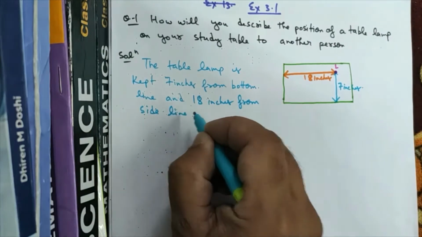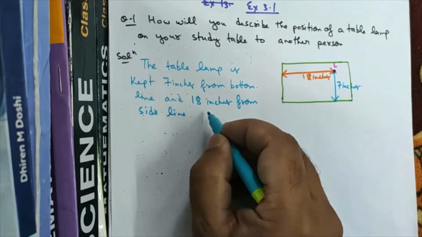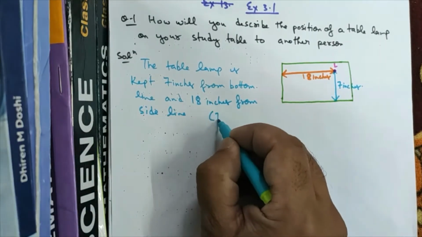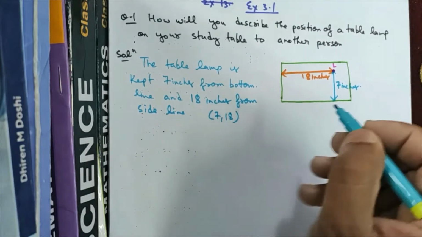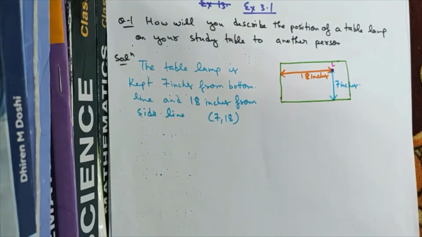Or if we have fixed the order, we can also write it as 7, 18, x coordinate and y coordinate. Okay.